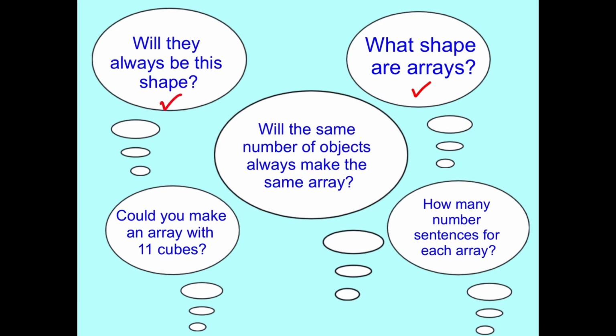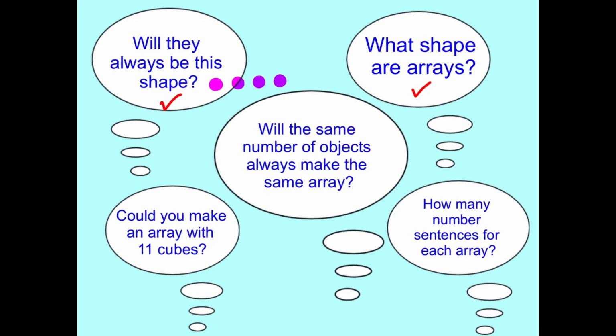Now the next question is, will they always be this shape? So we know they're not always rectangles, they're sometimes squares, but don't forget you can also have a line that's a rectangle. So that one there is one set of 4, so it's 1 times 4 equals 4. And some numbers will only make a line.